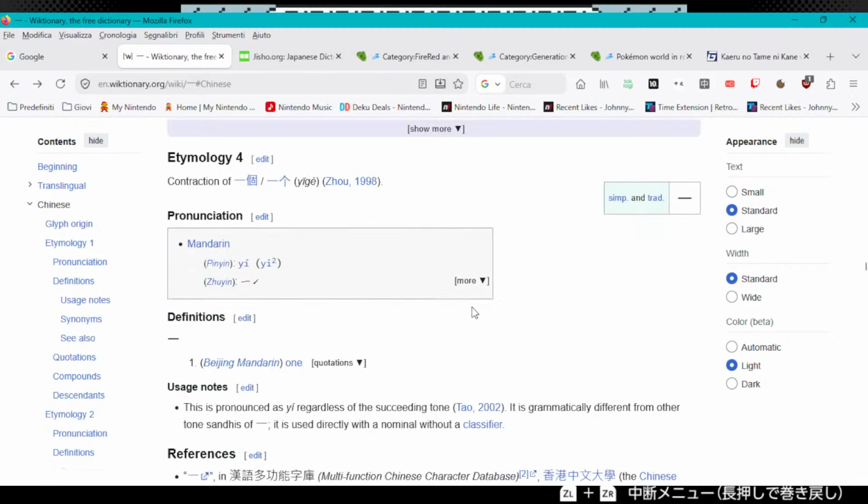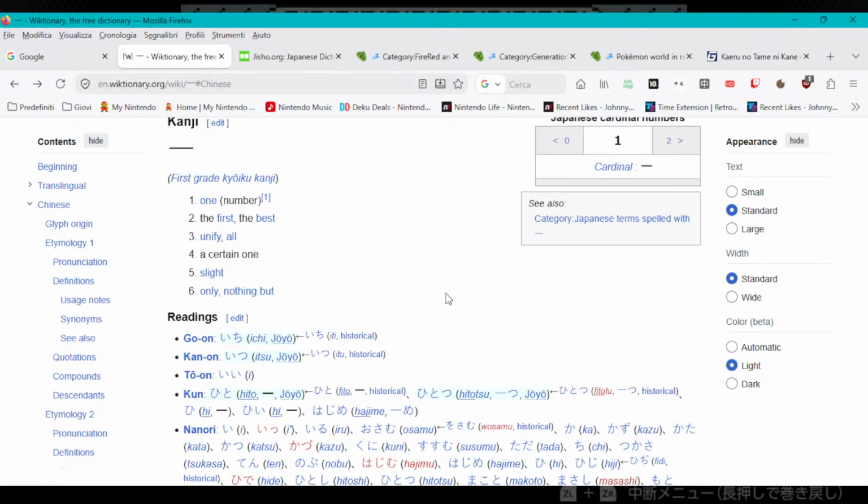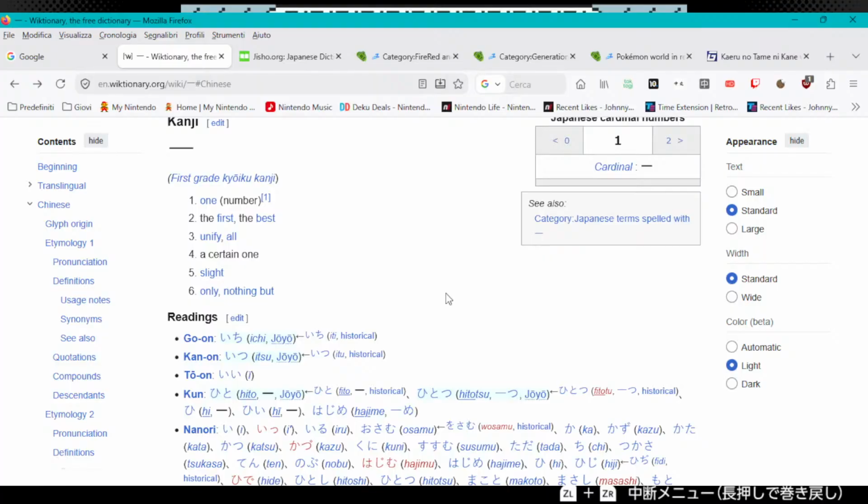But yeah, so the additional i or u, Japanese introduced them. So technically we have these two variants, but in practice usually ichi, but also there is this itsu.